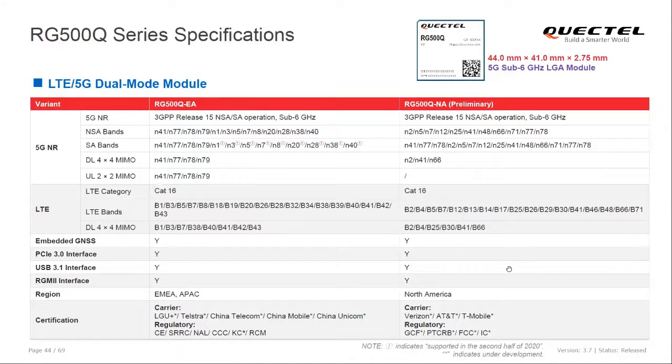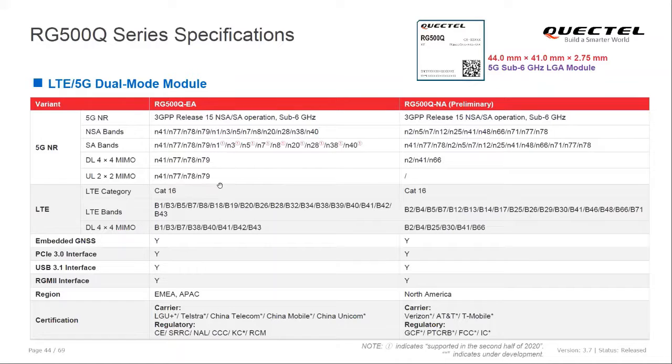So for the RG500, we have 2 versions. One is for Europe and one is for North America. Actually, it's Europe and the rest of the world, and North America, which have different requirements and different bands. All you can see here with N are bands for 5G, and B are the bands for LTE.